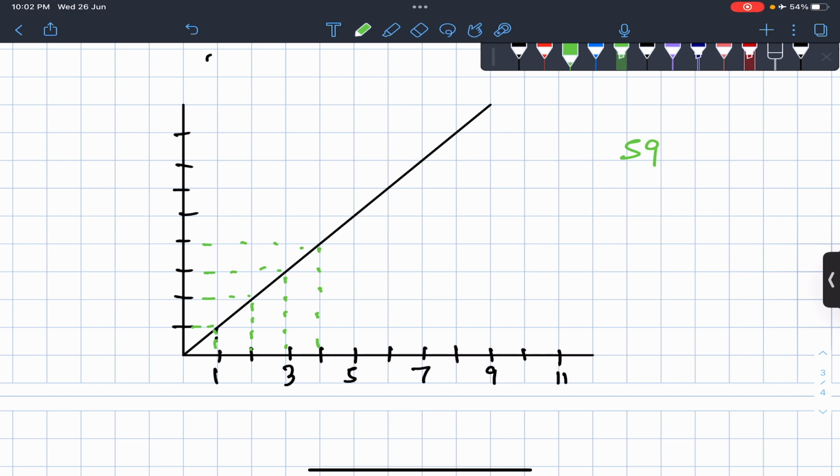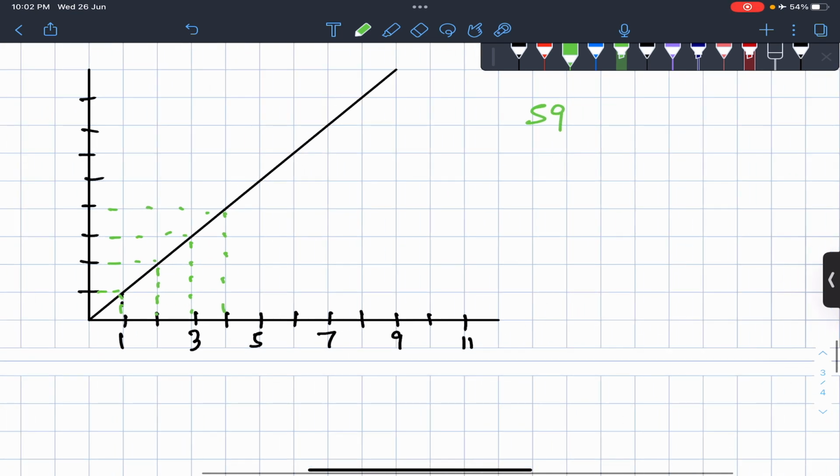Sorry for my vocabulary, I also make mistakes. So yeah, what we got is a formula, which is y equals mx plus b.